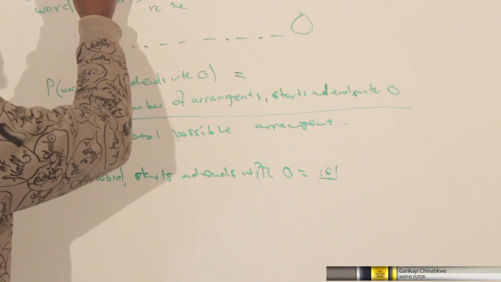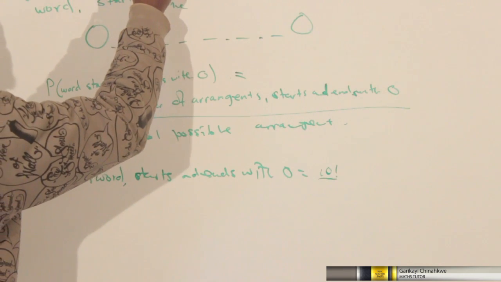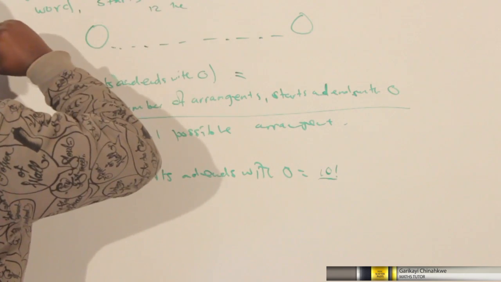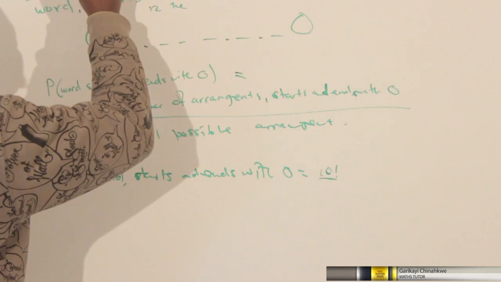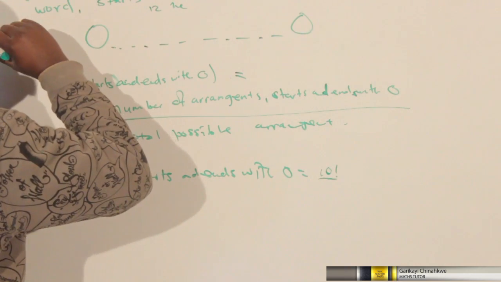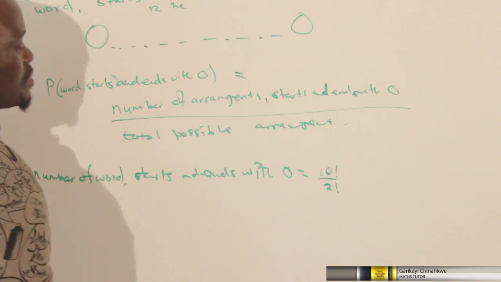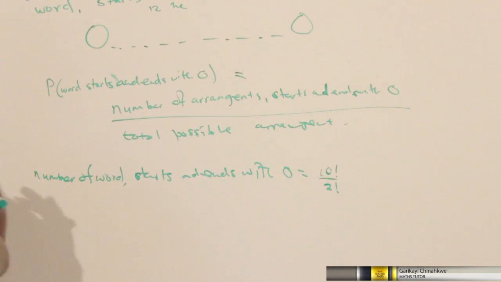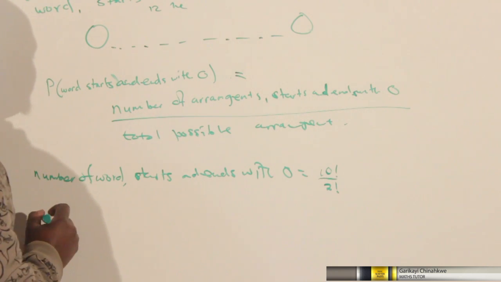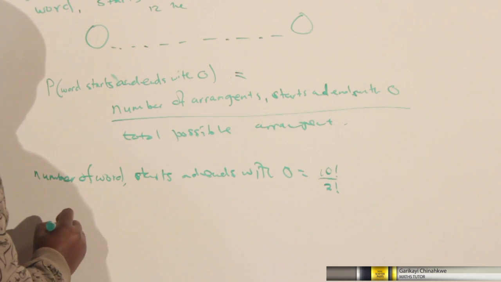So you're left with 1, 2, 3, 4, 5, 6, 7, 8, 9, 10 letters. And from those 10 letters, P is repeated twice, so it's 10 factorial over 2 factorial.